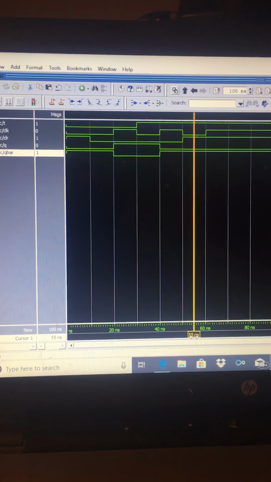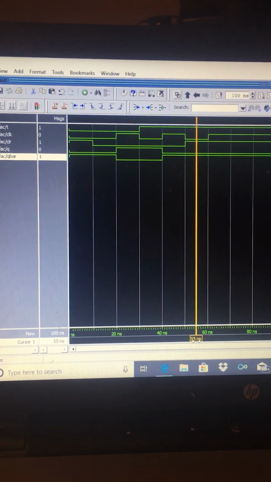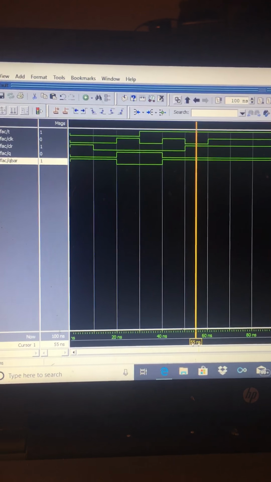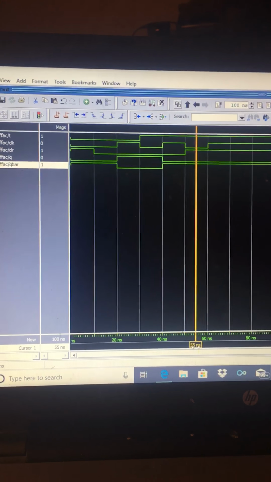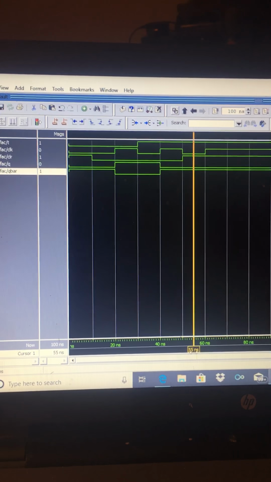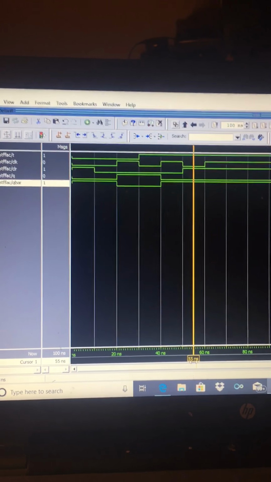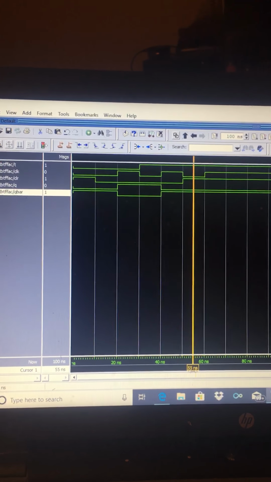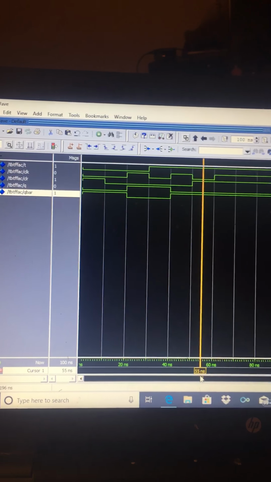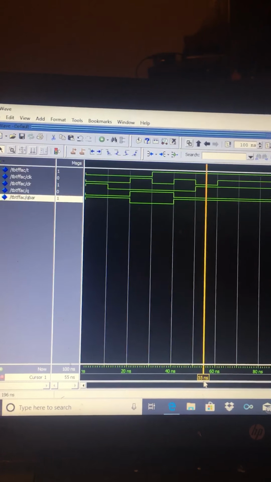Next, you have T is equal to 1, clock is equal to 0, and clear is equal to 1. Because clock is 0, no values are being passed, and clear is 1, so the values hold at 0 for Q and 1 for Q bar.